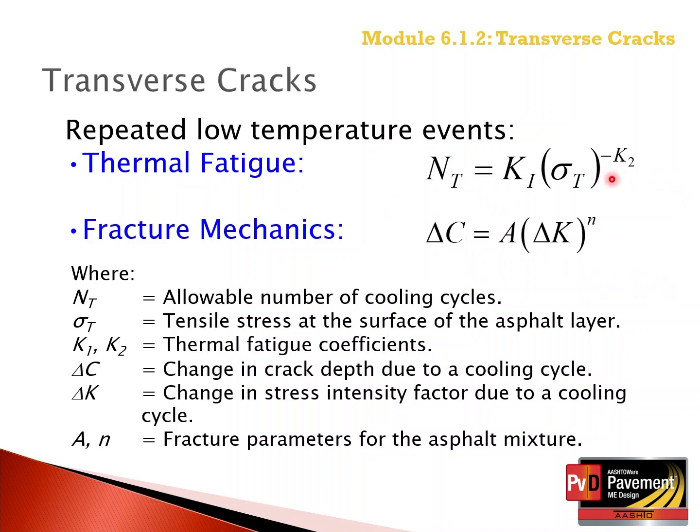Thermal fatigue identifies when the transverse crack occurs or initiates at the surface, while the fracture mechanics approach determines the time it takes for the thermal initiated crack to propagate through the asphalt layers.